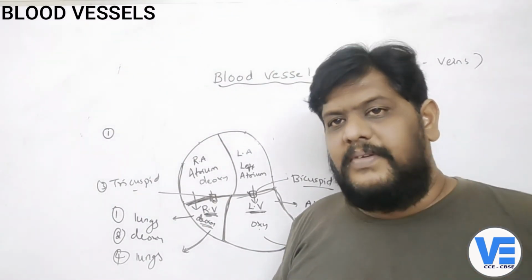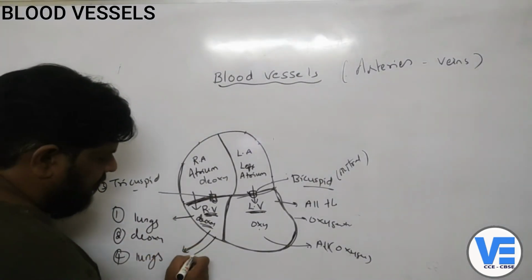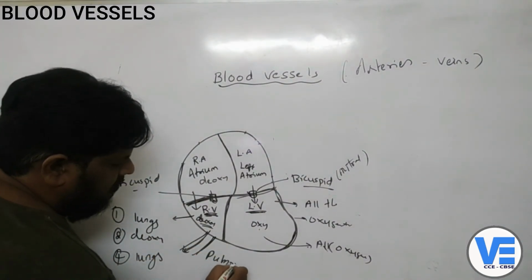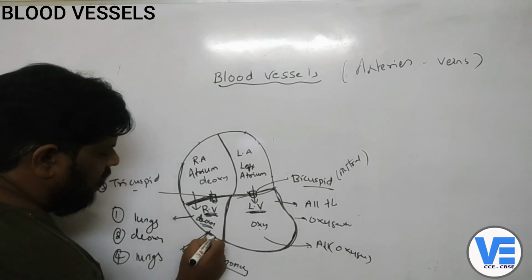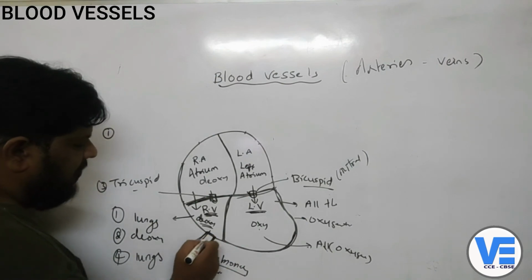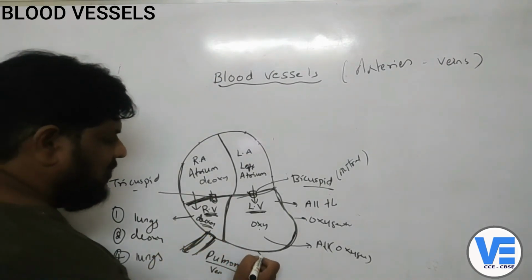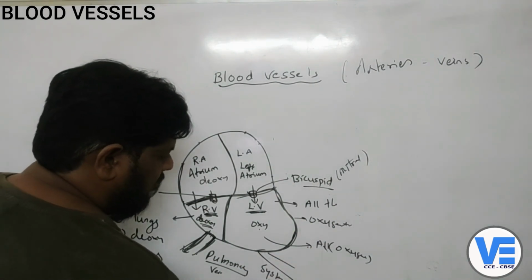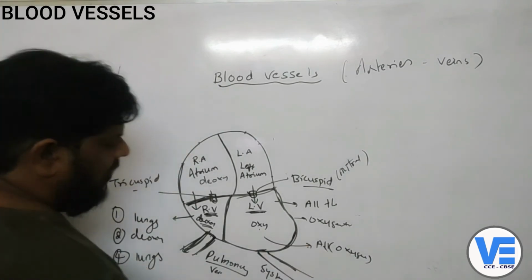And there's one more difference which is very, very important. Here the pulmonary artery takes its origin, that means it starts here, whereas here the systemic aorta takes the origin, that means it will start here.